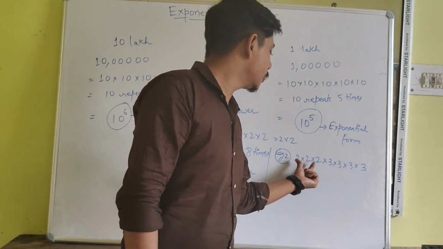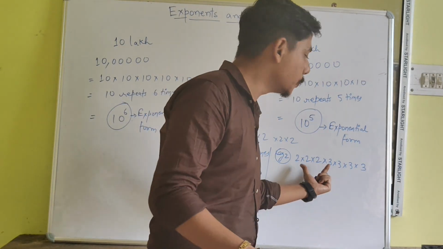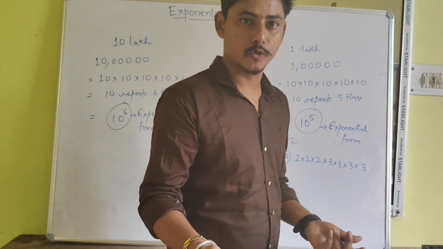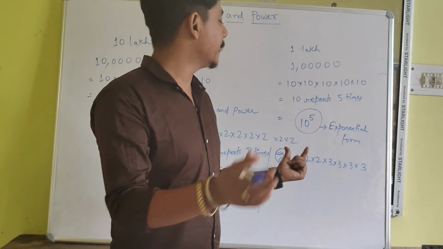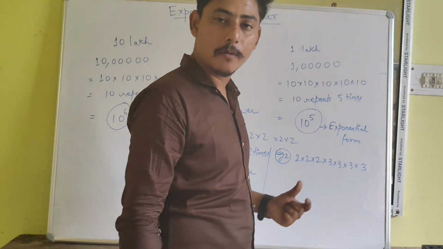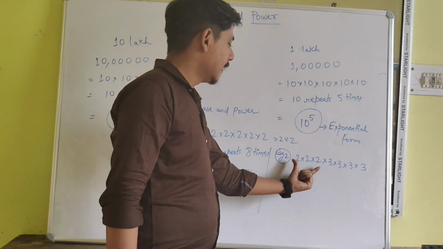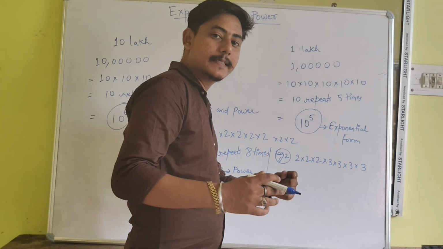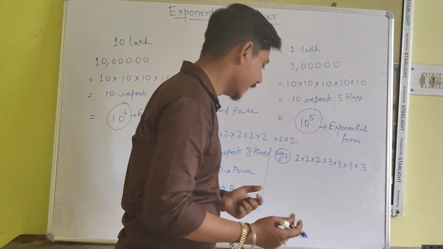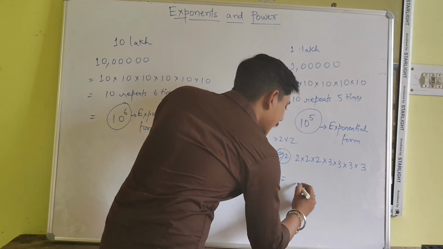The repeated numbers are 2 and 3 both, not only 2. 2 is repeated and 3 is also repeated. So how can we write this in exponential form? 2 is multiplied by itself how many times? 3 times. Very good.